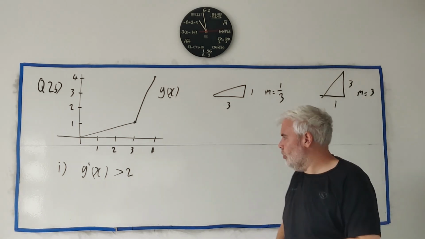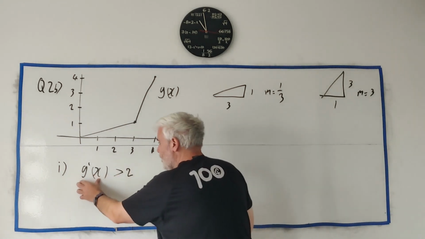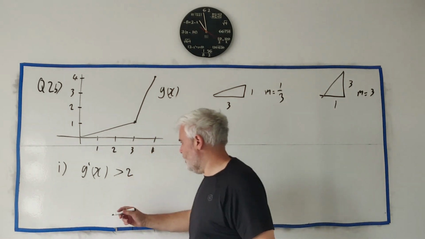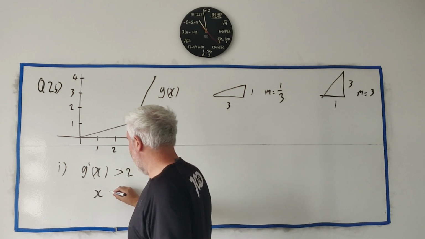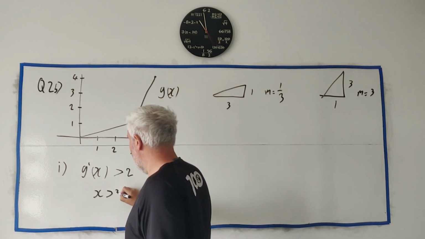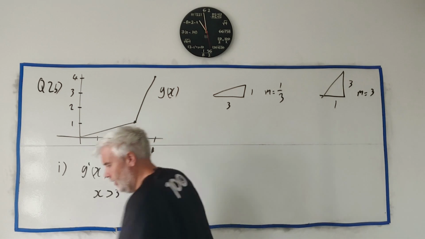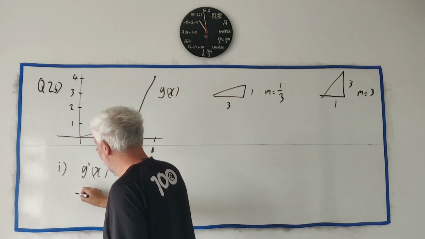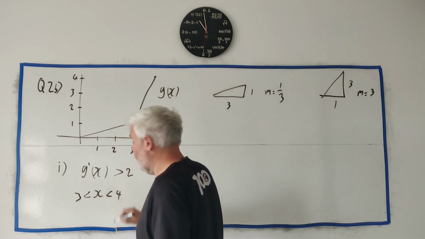So when they ask you when is the gradient bigger than 2, the answer to this question is when x is bigger than 3. Or let's actually write that as x is bigger than 3 and less than 4.